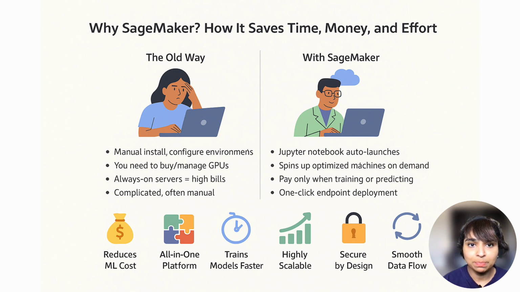Alright, so let's discuss the benefits of SageMaker as to how it saves time, money, and effort. Let's say you're trying to train a machine learning model the old school way. That would be the image on your left. What you would need to do is find a machine that's powerful enough, maybe with a GPU.